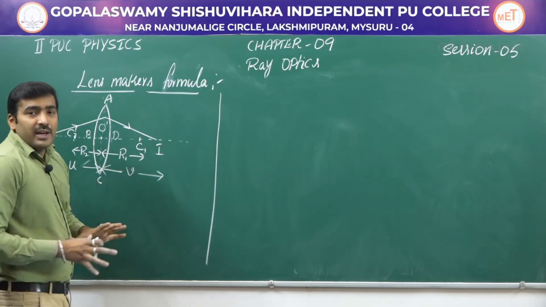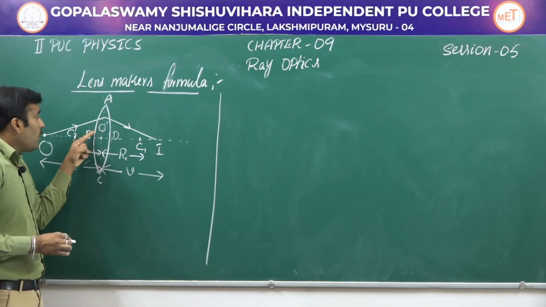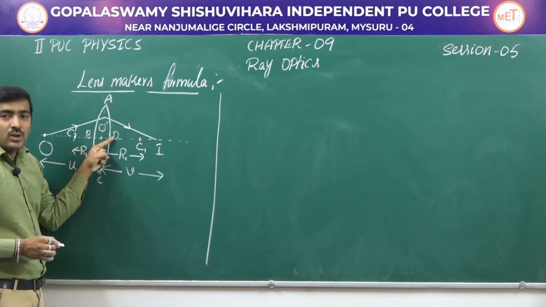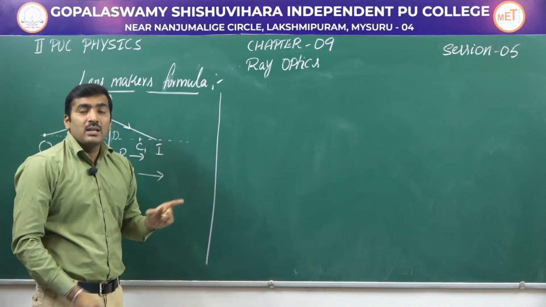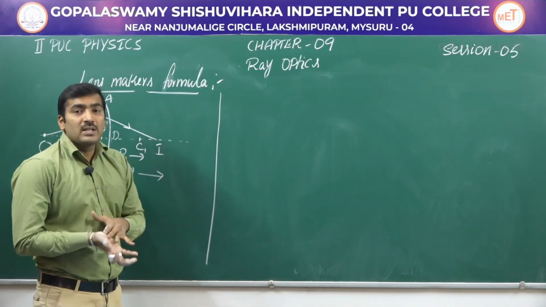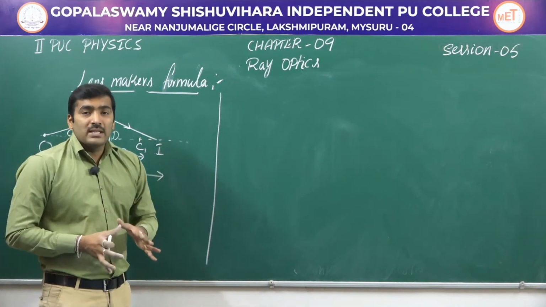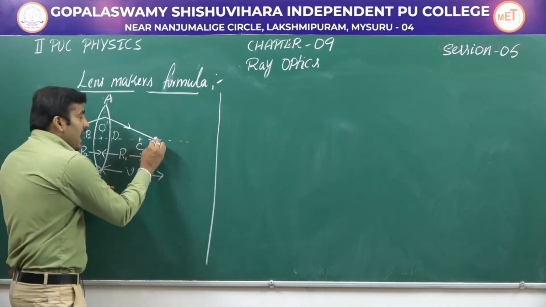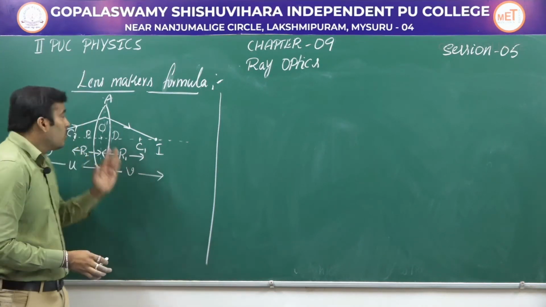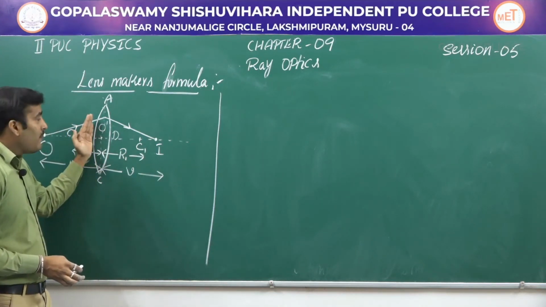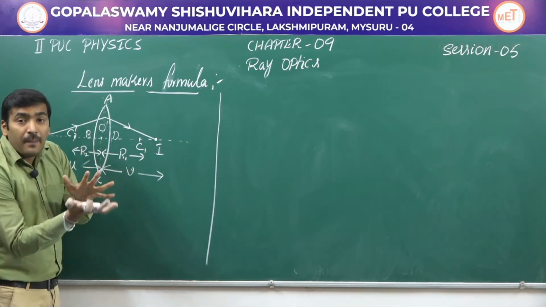So while deriving this, we need to consider the refraction is taking place at both these spherical surfaces. Okay. So you should remember a formula which was derived in the previous class, that is refraction through a spherical surface, correct? So here we imagine that this final image I is formed because of the refraction through the two surfaces ABC and ADC. So we have to consider that separately now.